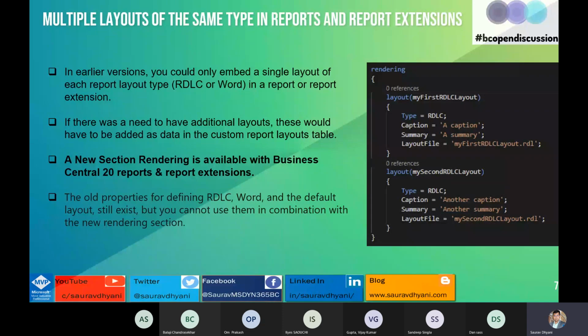Whatever you want to do, you can add those report layouts by using this new area in your report and report extension called rendering. So within rendering, you can define what the layout name is and where the file is and how you want to match it. So let's quickly give it a try on 10074.